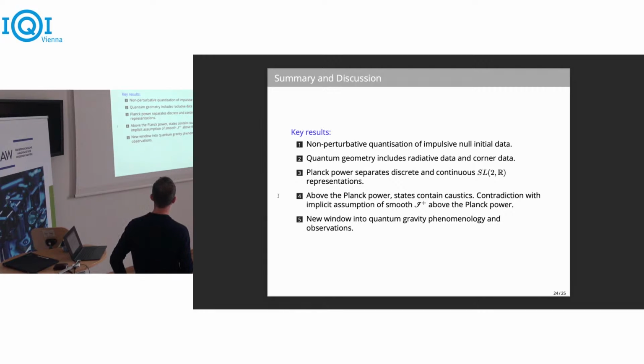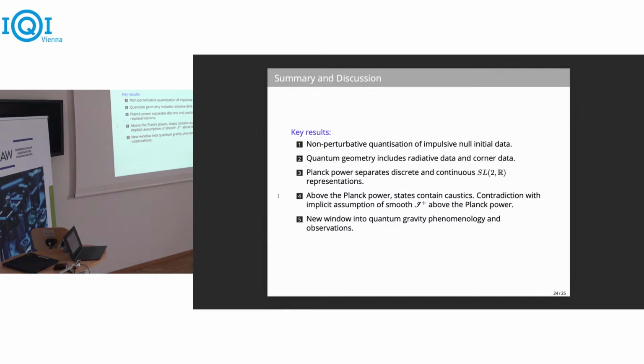And the quantum geometry that we found has a quantum representation of both the initial data for the Raychaudhuri equation that lives on these codimension 2 cuts in spacetime, but it also has a quantum representation of the radiative data that can cross the null surface boundary.